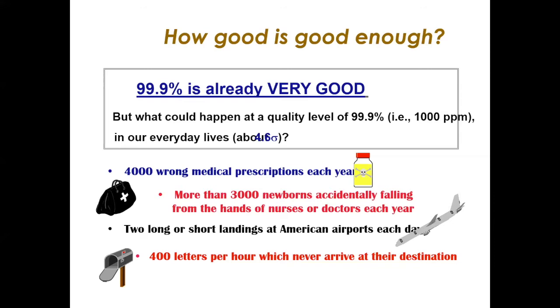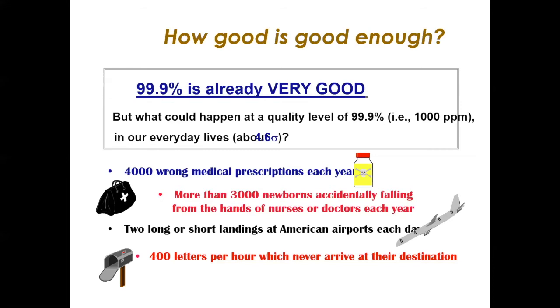Now that doesn't sound so bad, but in our everyday life, what if we're talking about wrong prescriptions? When you look at this statistic, you can see that about 4,000 wrong medical prescriptions happen each year. For example, these statistics are from the US. And that is not a small amount of wrong medical prescriptions. So this is fairly a high level of defect. And this is an example of a service case.